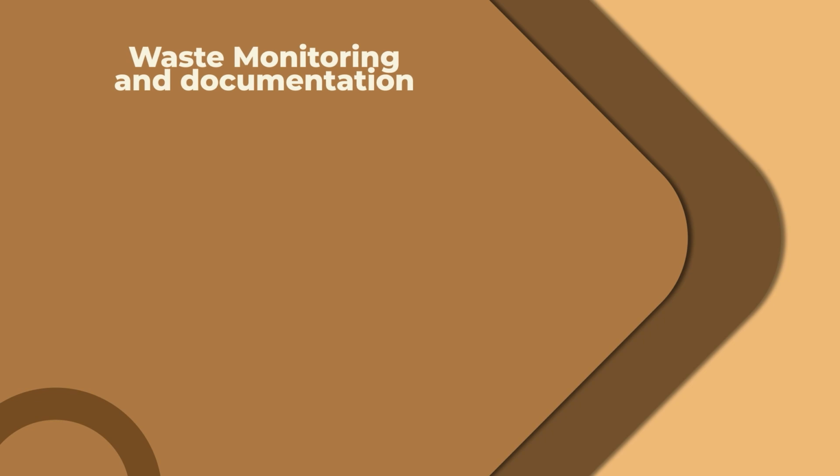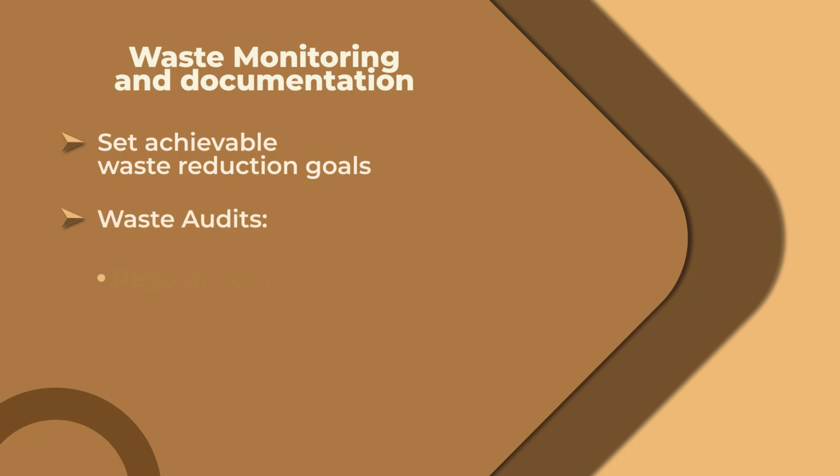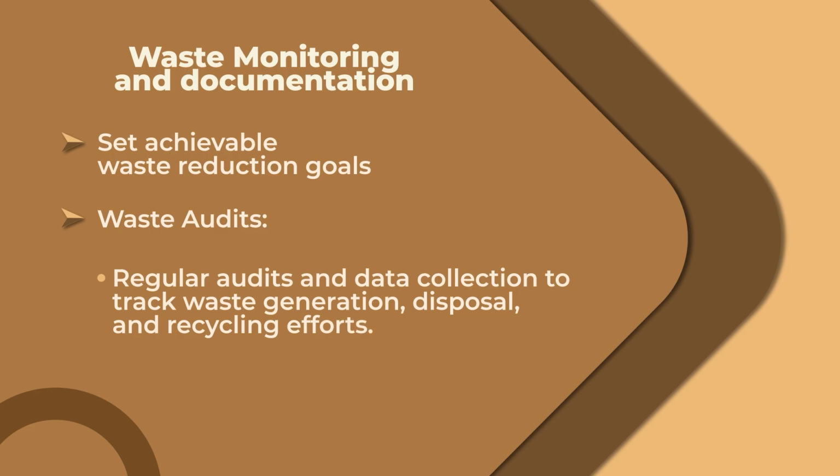Other things which the food industry needs to follow are waste monitoring and documentation. All the food industry needs to set achievable waste reduction goals, and they should have a trained person for the waste audits who will regularly collect the data to track waste generation, disposal and recycling efforts.